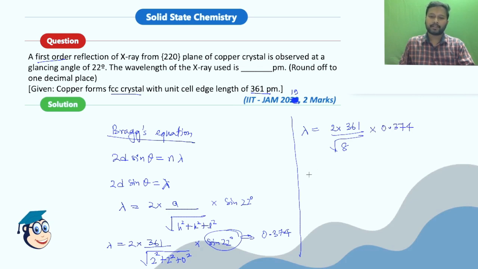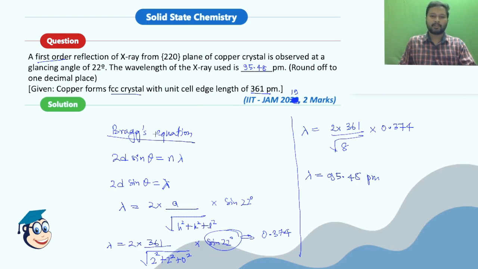Solve this and the answer will come out to be 95.48 picometer. So that is going to be the correct answer. The final answer for this particular question will be 95.48 picometer. It was very simple, just based upon an equation called Bragg's equation, and the rest of the things are already given to you. You just have to substitute and solve using the mathematics.